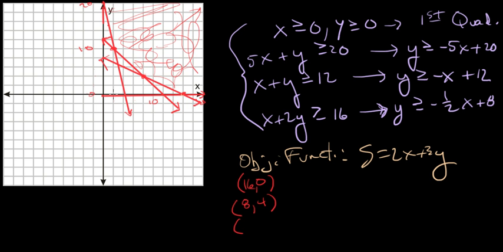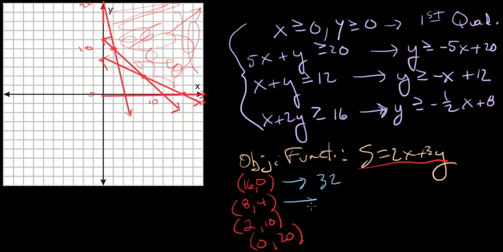Up here, I've got 2 and 10. And up here, I've got 0 and 20. And if I plug each one of these ordered pairs into this equation, 2 times 16 is 32. So here my value is going to be 32 because the y is 0.